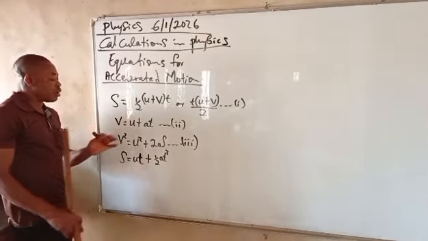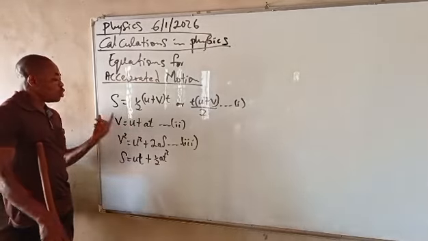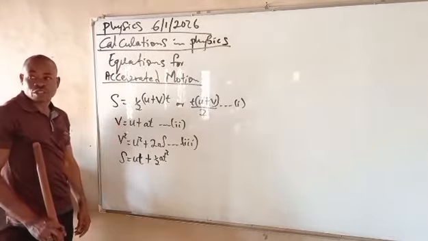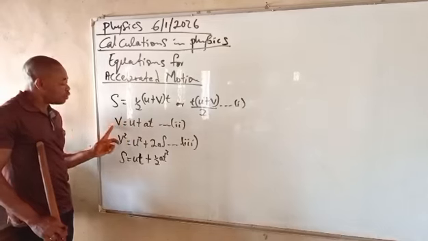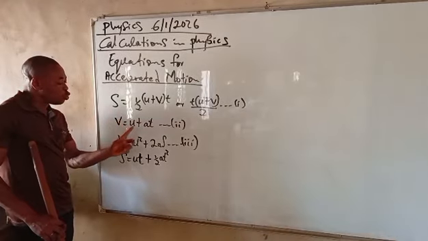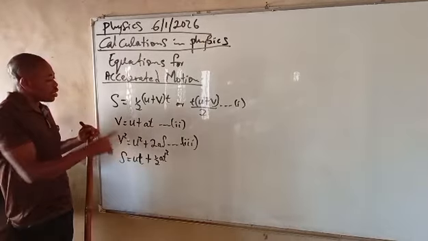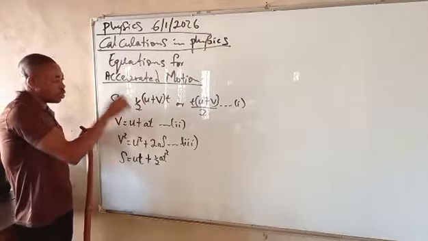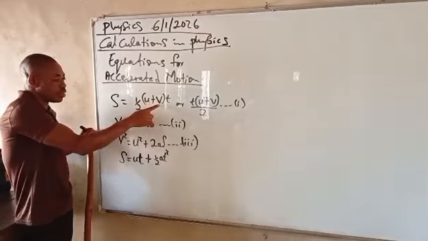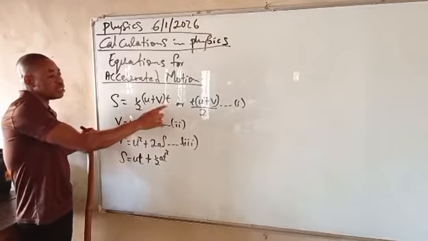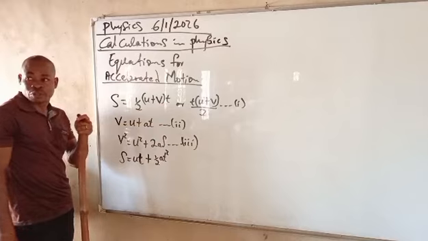Very good. Now, in the second equation, we use it to calculate final velocity. The equation says V equals U plus AT. Note that S is distance, U is initial velocity, V is final velocity, T is time. Good.